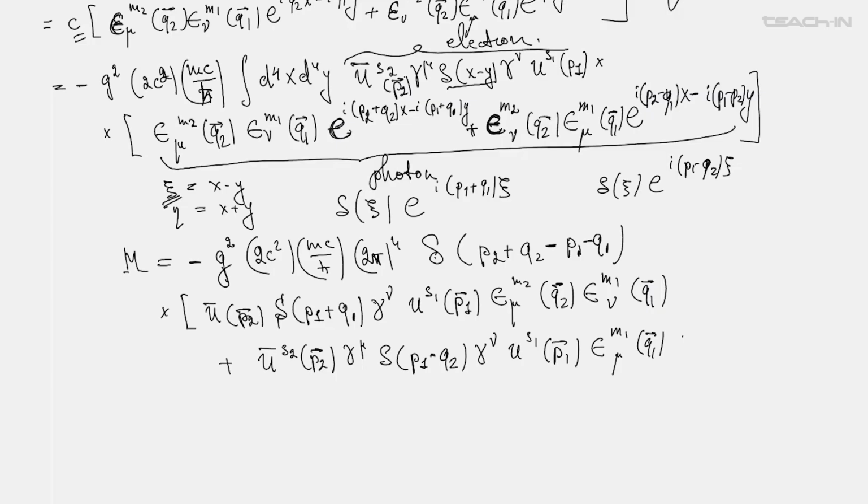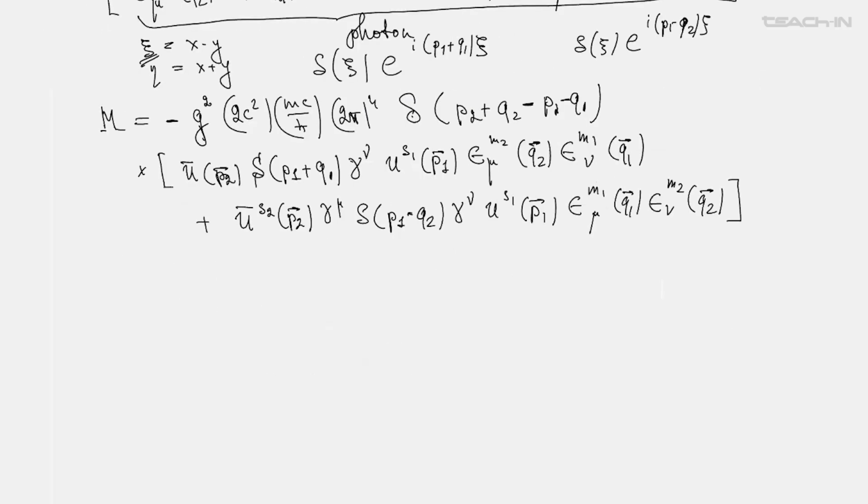Now, once you get this expression, you can see that you can interpret it very nicely in a graphical way by using the Feynman rules, which I introduced in the previous lecture. So you see that this answer for M consists of two terms, and each of these terms can be described by the corresponding Feynman diagram.